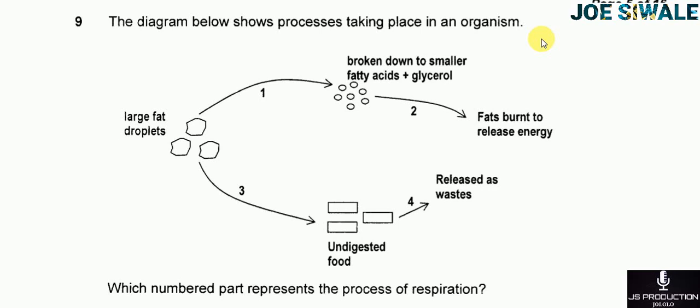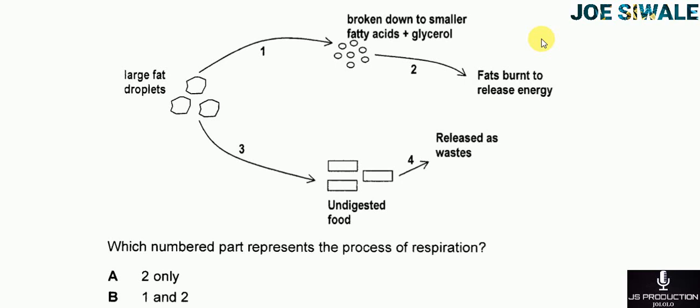Then if they take process 2, it will lead to fats being burnt to release energy. And if they take process 3, this will lead to undigested food. And if they take process 4, it will lead to release as wastes.